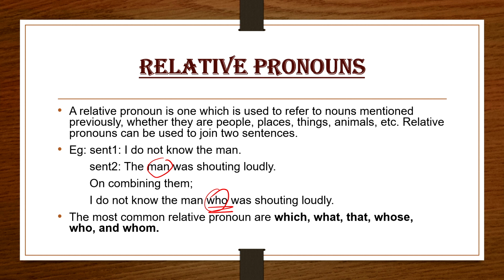Such a pronoun is called a relative pronoun as it refers or relates to some noun, here man, going before it. So, this word is called its antecedent. Now, the most common relative pronouns are which, what, that, whose, who and whom.